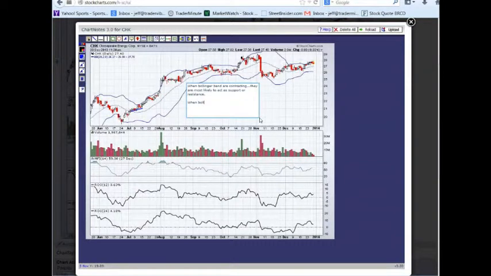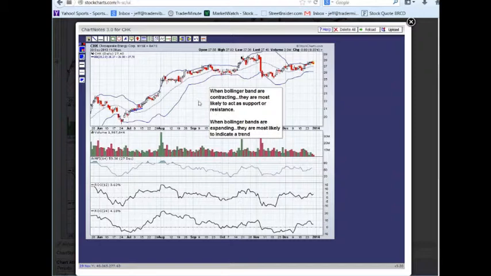When Bollinger Bands are expanding, they are most likely to indicate a trend. Okay. So if we're looking for support and resistance, we want to use this when the bands are contracting.